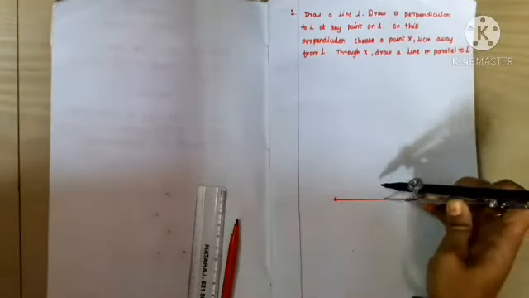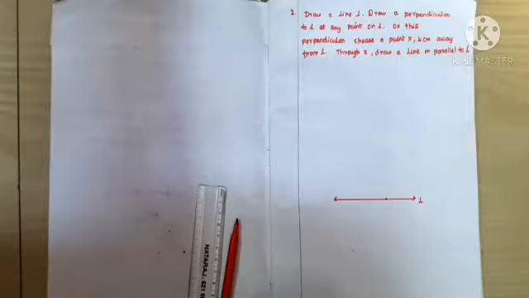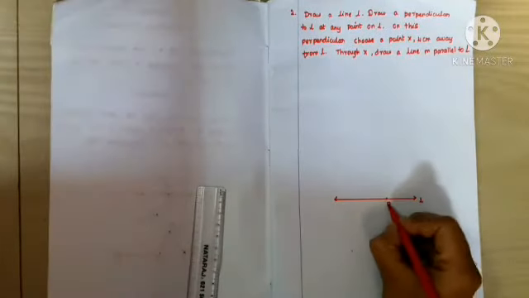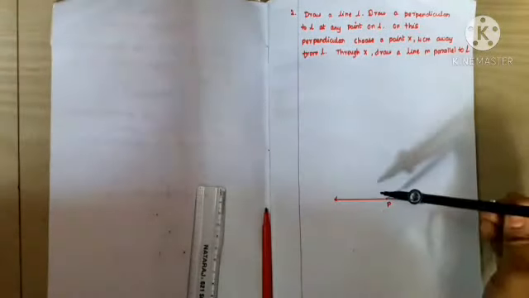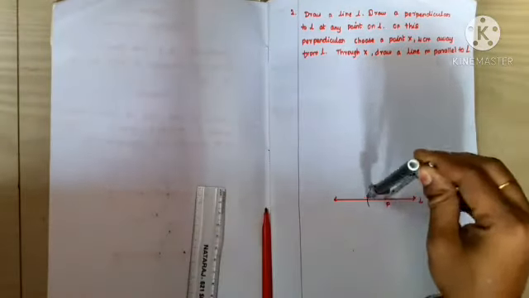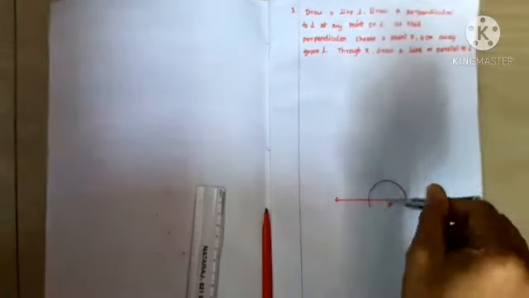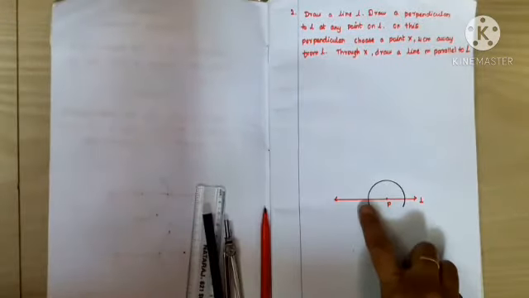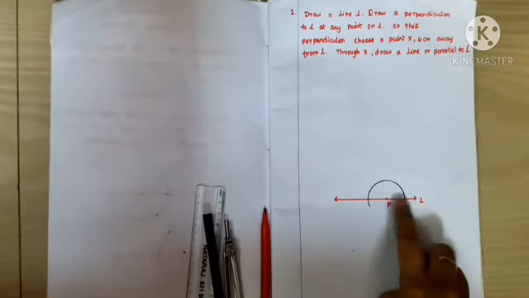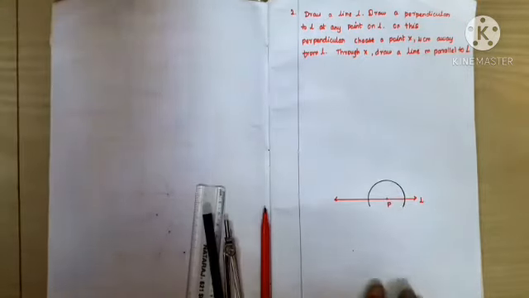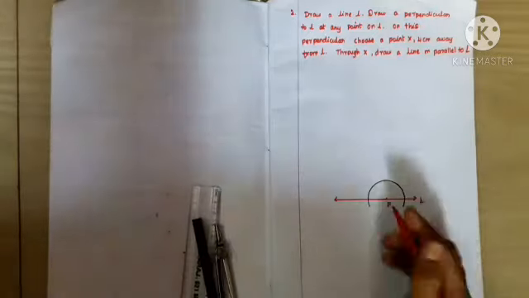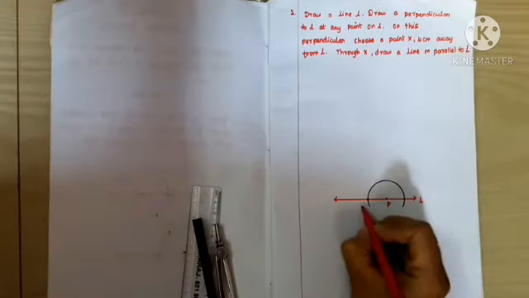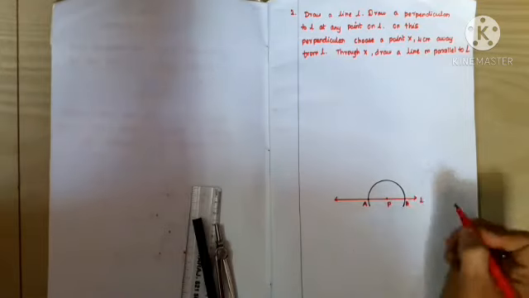Fix the needle at the point, I just named the point as P. Fix the needle at P, draw one semicircle which cuts the line at two distinct points, with P as the center with a convenient radius. You can choose any measurement. And that intersection points are marked as A and B.